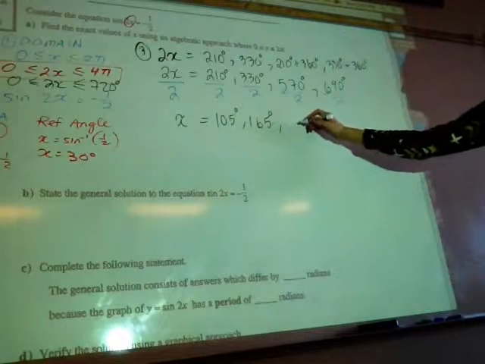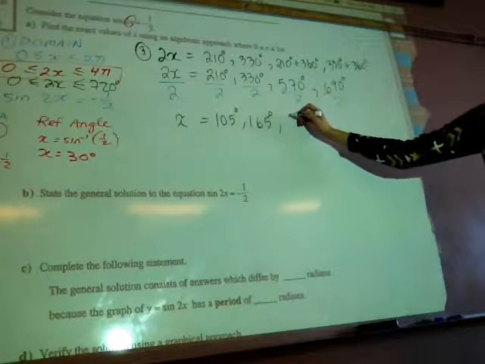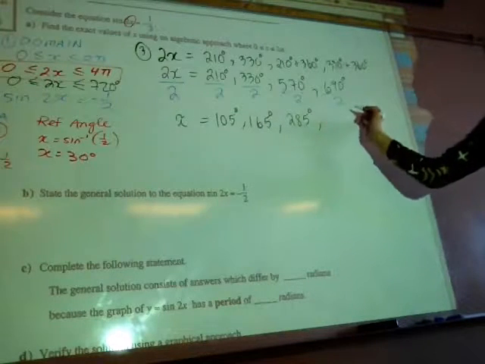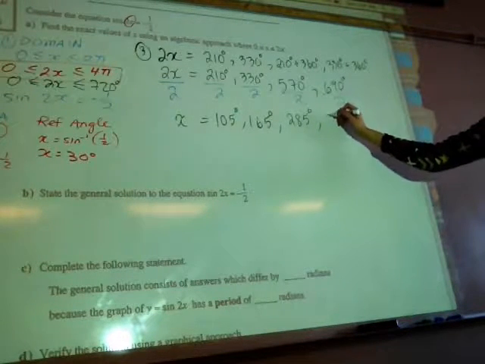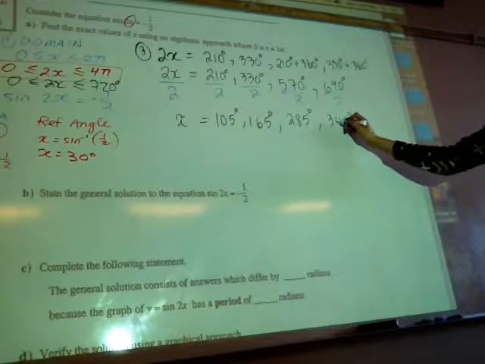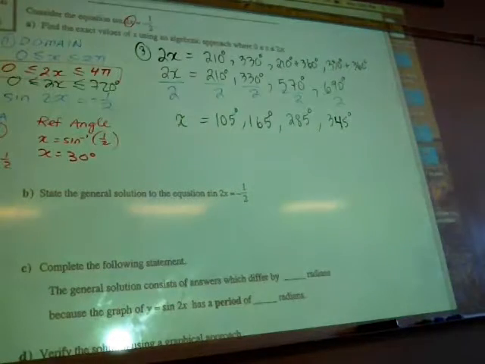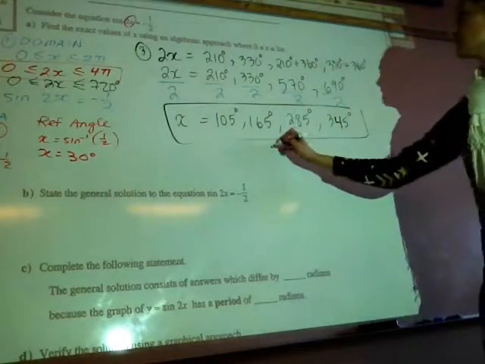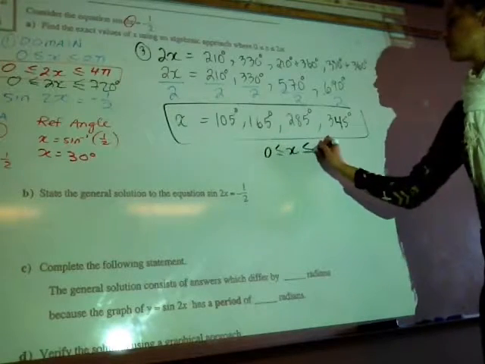What's the next one? 285. And 345. Okay, so those are the solutions for x within the domain 0 to 360.